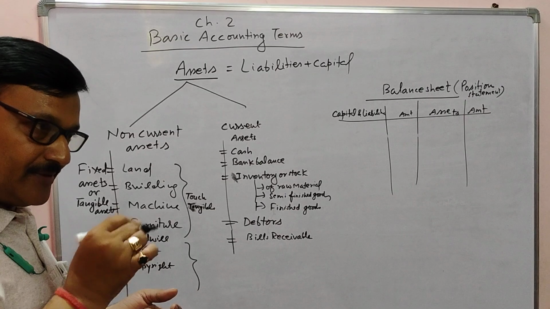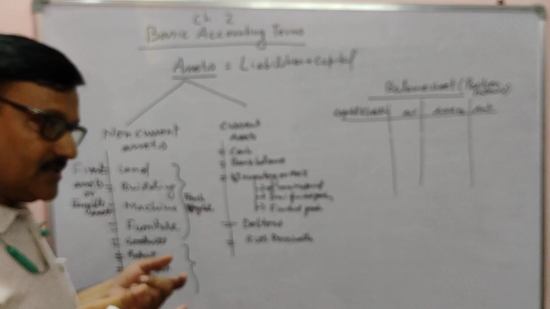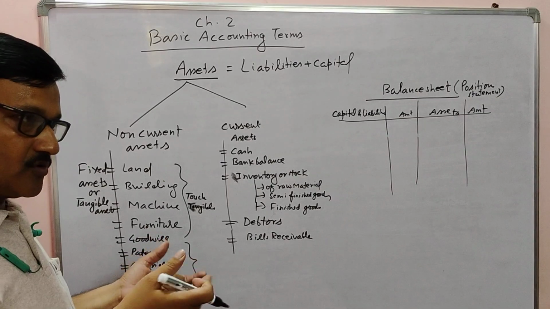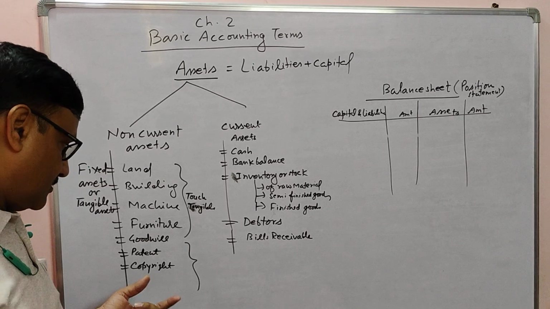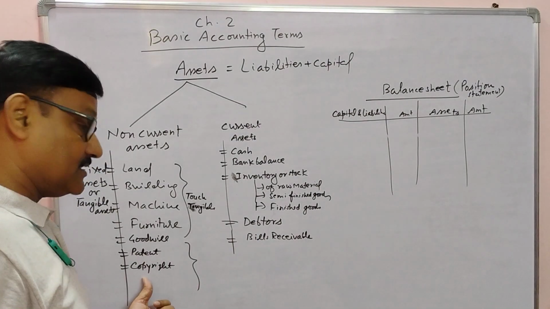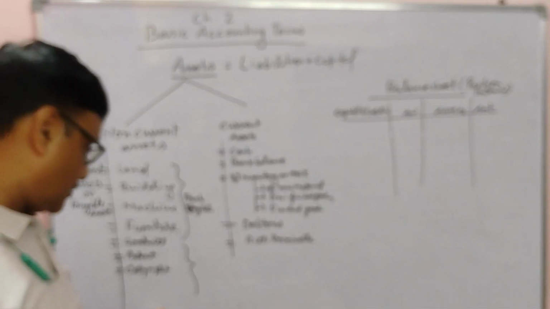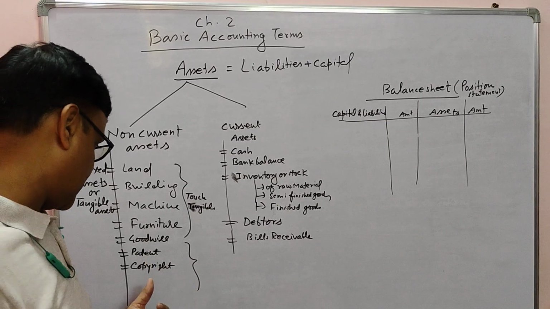Because suppose I have written a book and some people come to me, sir, I want to print 10,000 copies of the book that you have written. So I will say, please first of all pay the fee of copyright, then I will authorize you to print it. So this is an asset because it has revenue earning capacity, income generating capacity.